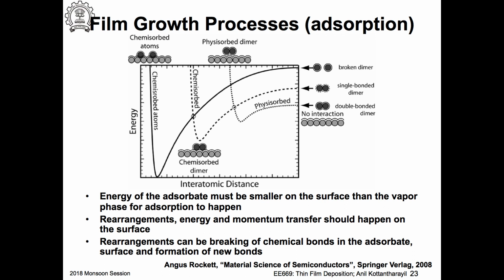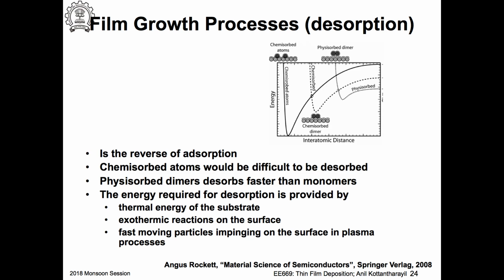You can actually break the chemical bonds and absorb it by various techniques, and that can lead to chemical bonding, right? This is what we discussed. Desorption is the reverse of absorption, and if you provide extra energy, again, the particles can desorb from the surface, and that can lead to a lower growth rate.